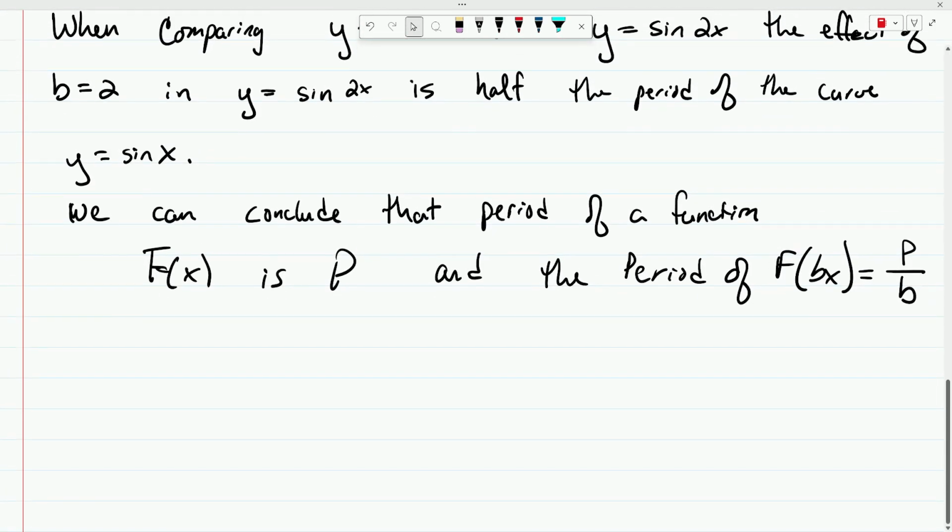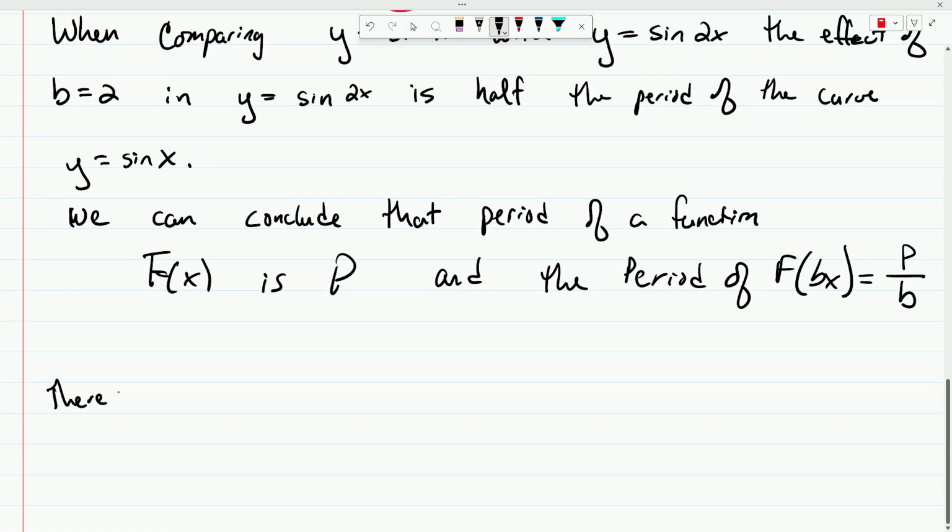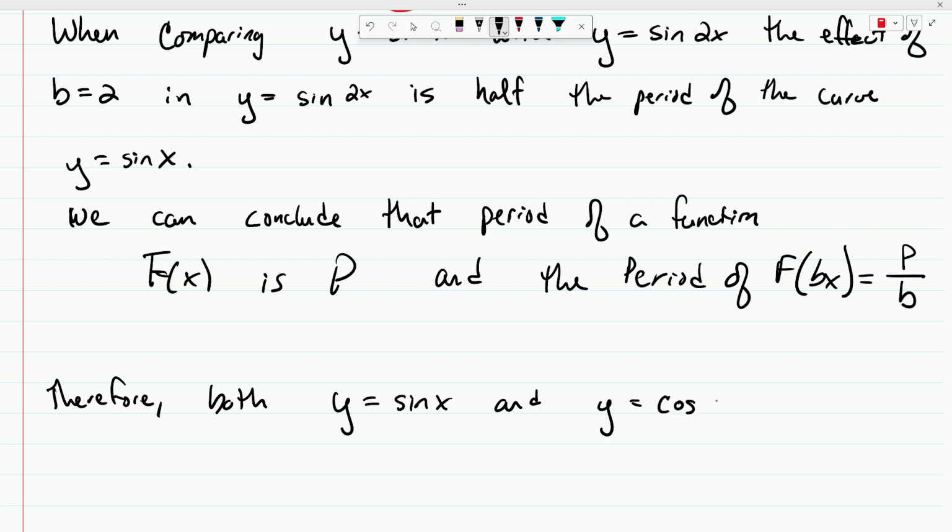All right? Therefore, both y equals sine of x and y equals cosine of x have periods of 2 pi. That's how long it takes it to complete one oscillation.